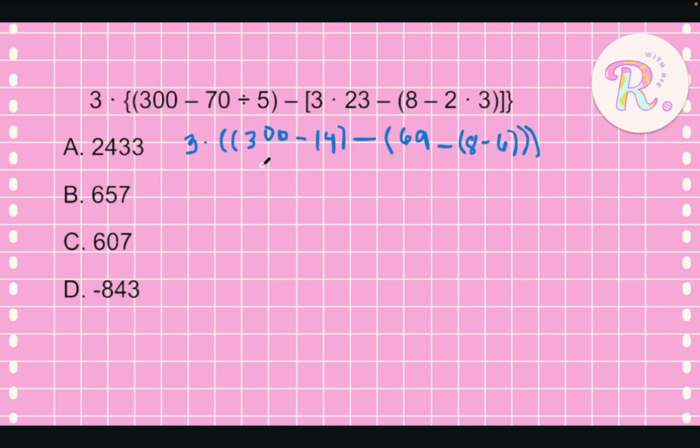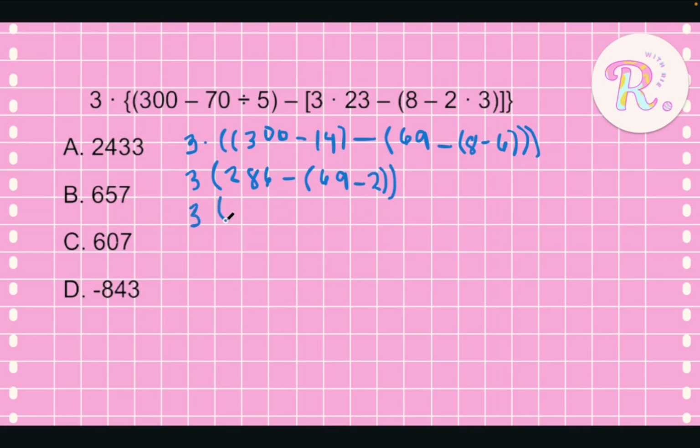Okay? So now, moving on. There 3 times 300 minus 14, that is 286. Okay, minus your 69 minus 8.6, that's 2. Okay?